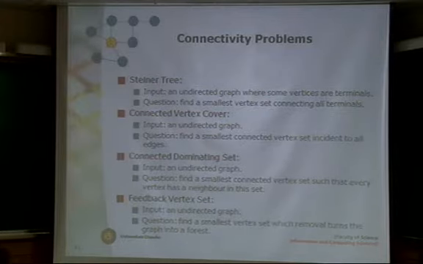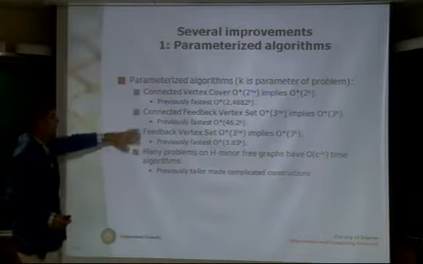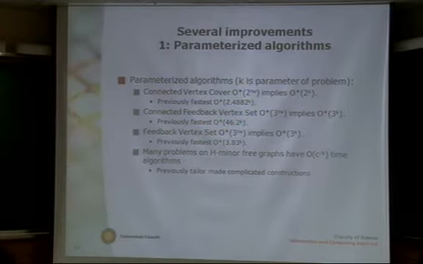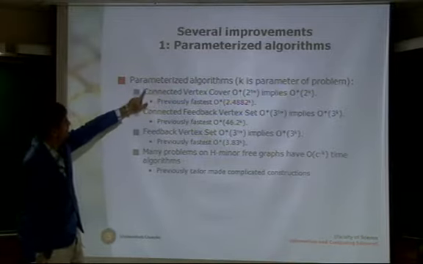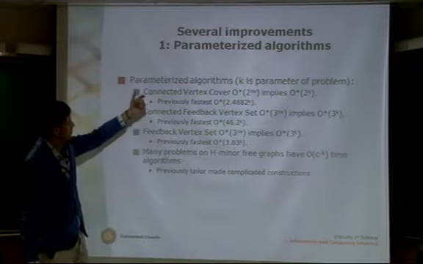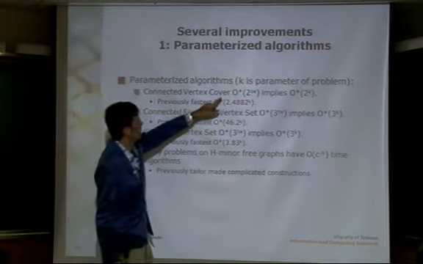Feedback vertex set. Okay, so what I wanted to discuss is that there are some nice consequences for speeding up known results. People looked at parameterized algorithms where you try to solve these problems as fast as possible as a function of a parameter of the problem.